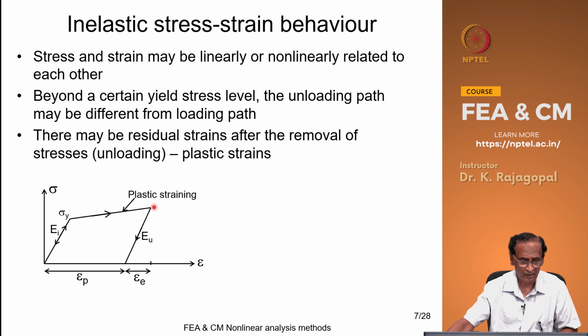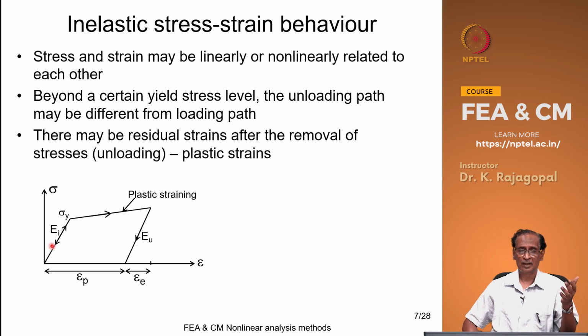So let us say we have loaded up to this point, and the strain at the end of the unloading is epsilon p, that is the permanent strain or plastic strain, and then the epsilon e, that is the recovered strain, and below the yield stress sigma y, we get back our complete strain that we have caused because of the stress, and that is our pure elastic response.